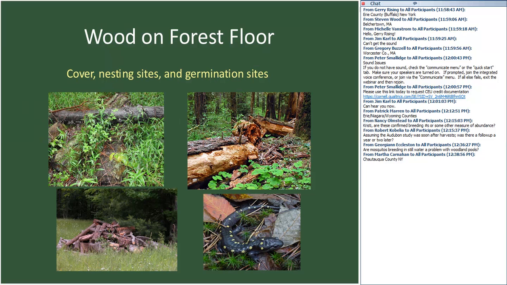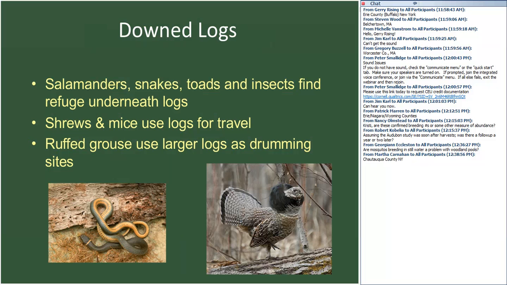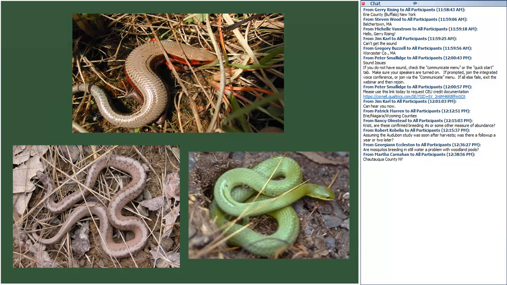A lot of different animals use them: amphibians, reptiles, small mammals. So it's very important to leave wood on the forest floor, just in terms of habitat structure and a habitat element. And again, things like ruffed grouse might use them as drumming sites. There are lots of different uses for these downed logs. Snakes like to use them.